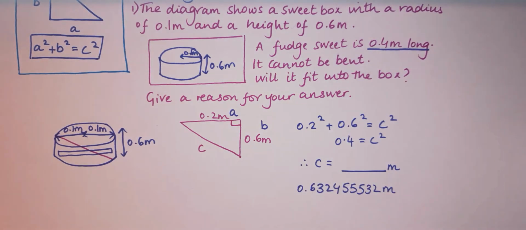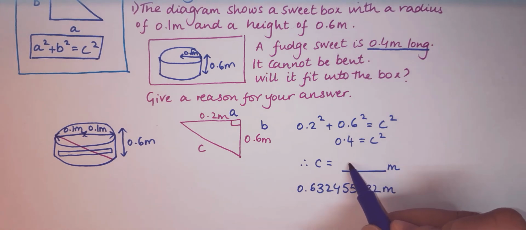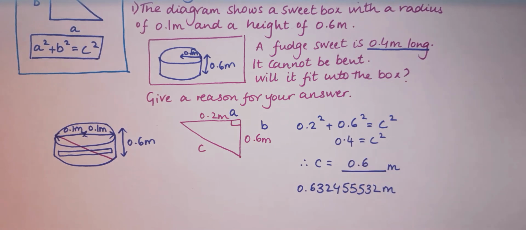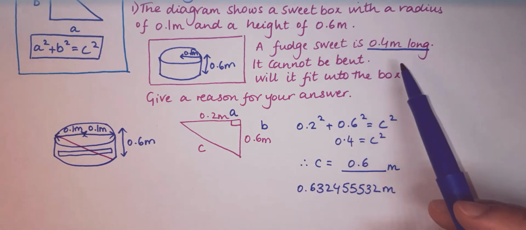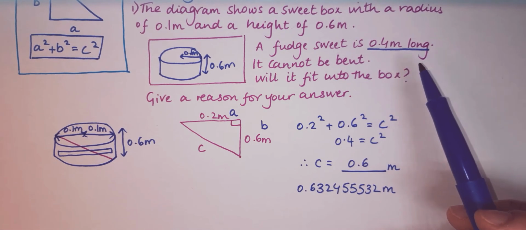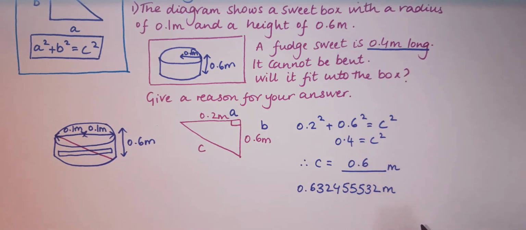But just to make our lives easier, we could put it into 2 or 3 significant figures, because it will be easier to compare. So if we put it to 1 significant figure, as this is also 1 significant figure, we can see that the value of c is 0.6 meters.